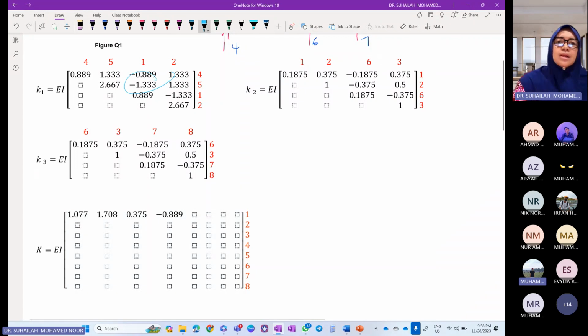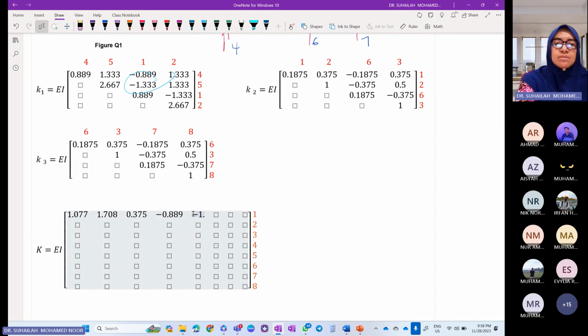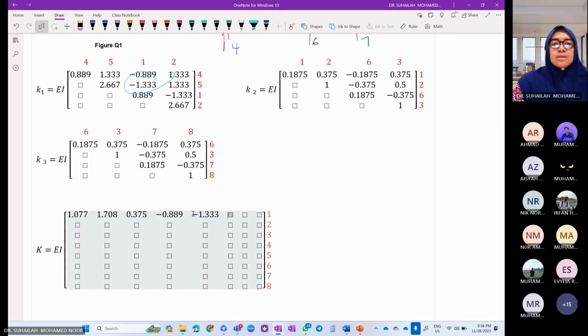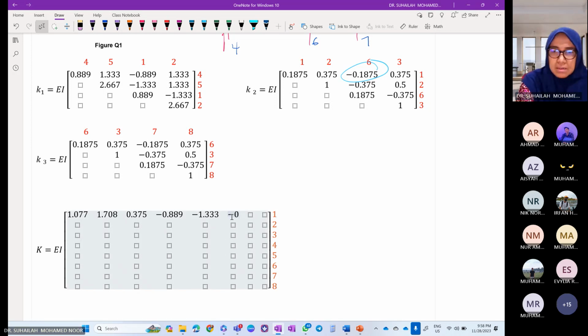Negative 1.333. Okay, next one 1,6. 1,6 is the same. Negative 0.1875.